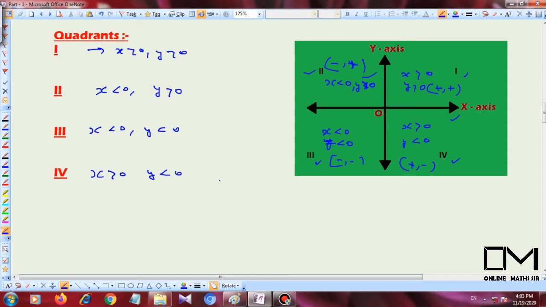In the second quadrant, x is less than 0 and y is greater than 0, meaning y positive and x negative. In the third quadrant, both are negative, x and y both less than 0. In the fourth quadrant, x is greater than 0 and y is less than 0, meaning the first coordinate is positive and the ordinate is negative. Clear? In the third quadrant both are negative, in the second the x coordinate is negative and y is positive, and in the first x and y are both positive.